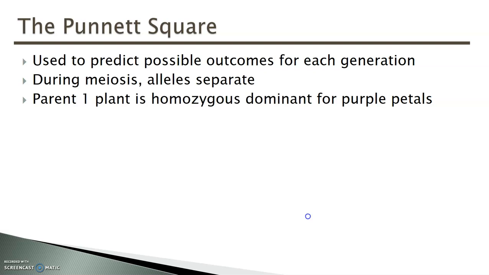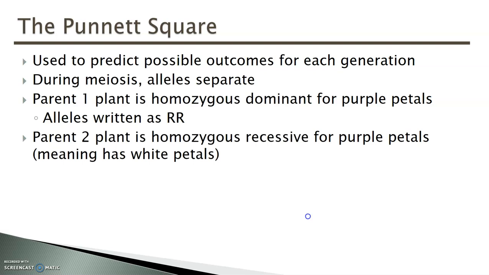So let's look at our example here. Parent 1 is homozygous dominant, which is going to be written as big R in my example. Parent number 2 then is purebred for the homozygous recessive with the white petals, and I will write parent 2 as little r.